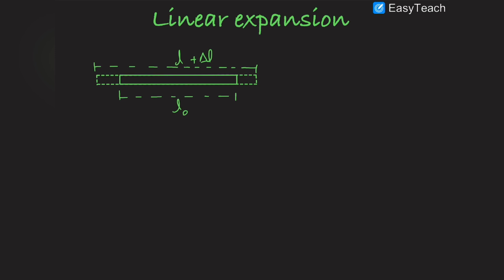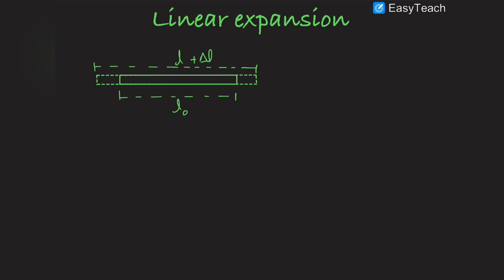We know that gases and liquids do not have any area, volume, or length, therefore no linear expansion is observed in gases and liquids. So linear expansion is only observed in solids, and let us see what happens here.